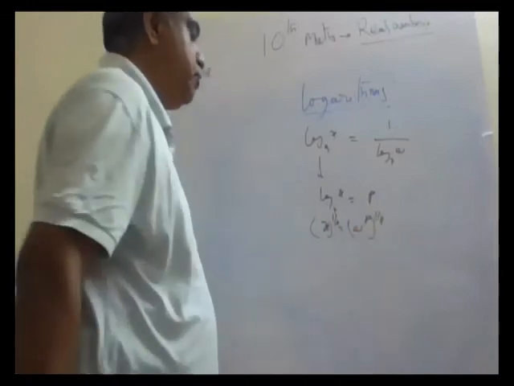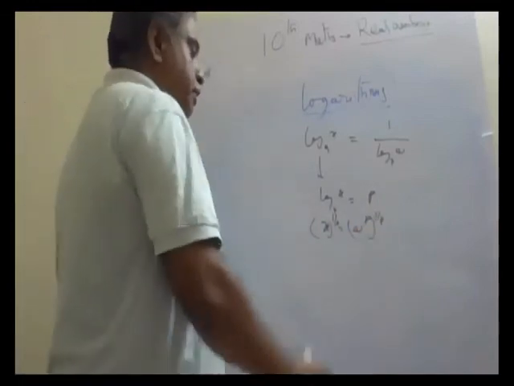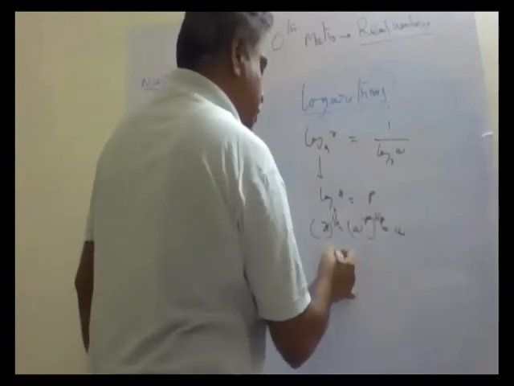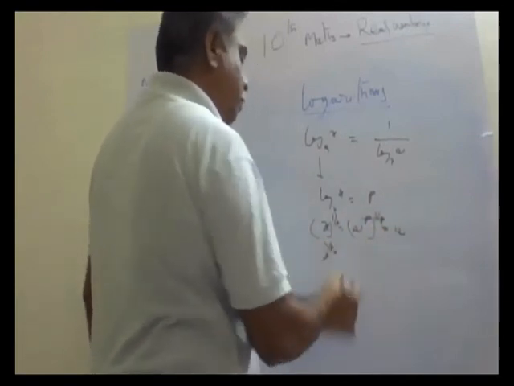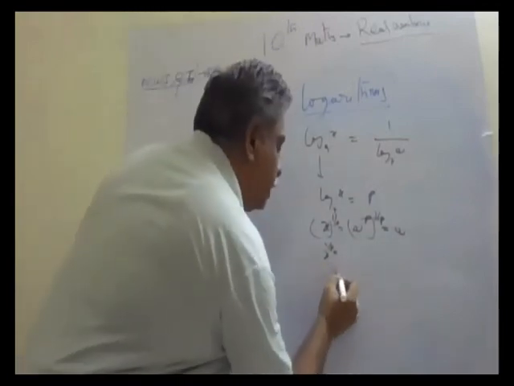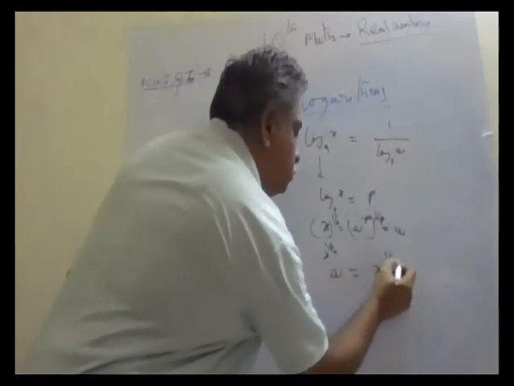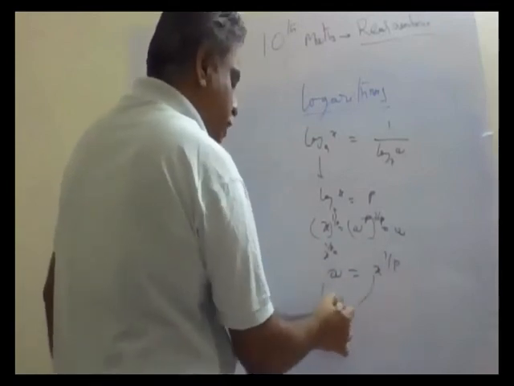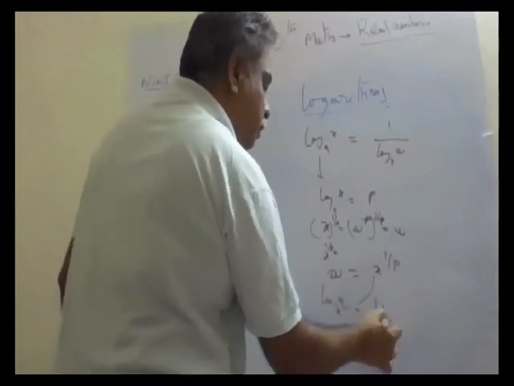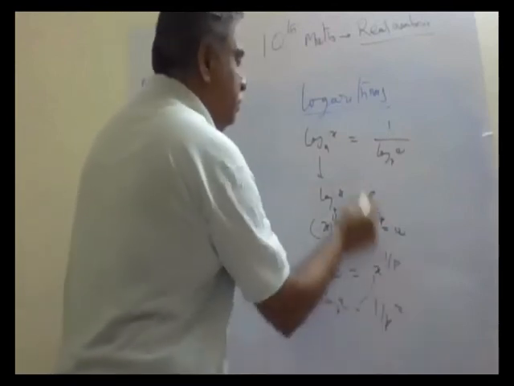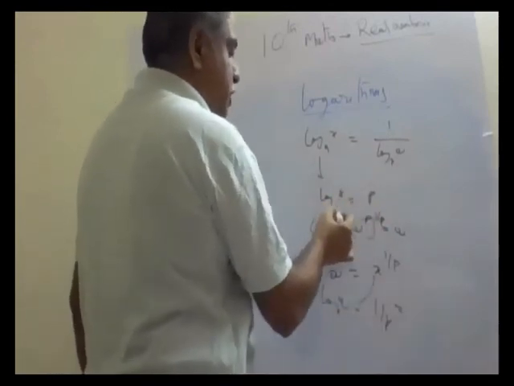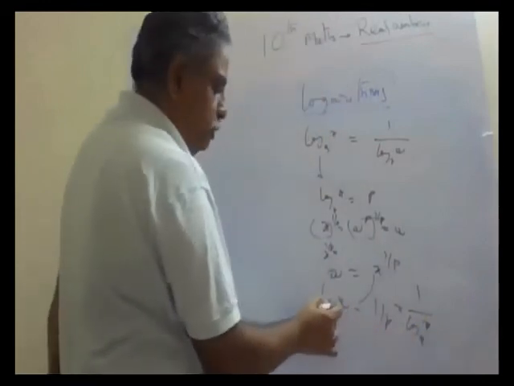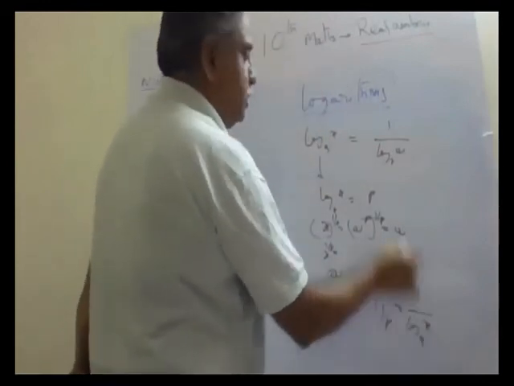Then p gets cancelled. So this becomes x to the power of 1 by p. That means a is equal to x to the power of 1 by p. When I take logarithms here, log a base x is equal to 1 by p. P is log x to base a. So log a to base x is equal to 1 by log x to base a. This is the third.